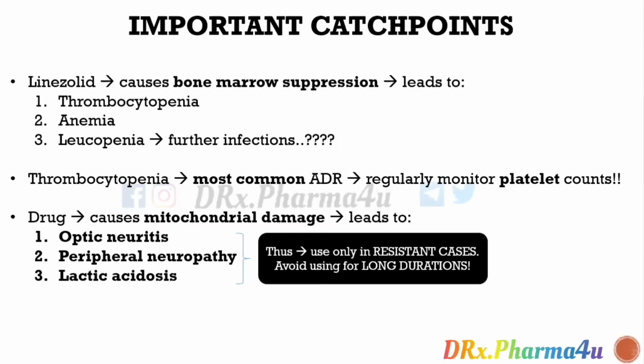You can now check for other medicines which damage the mitochondria so that you can also connect this side effect to those medicines. So linezolid causes mitochondrial damage, which can lead to optic neuritis. You may have heard this term for another medicine, that is ethambutol. That is why ethambutol, which is a first-line anti-tubercular medicine, should not be given to children below the age of 5, because it causes optic neuropathy.